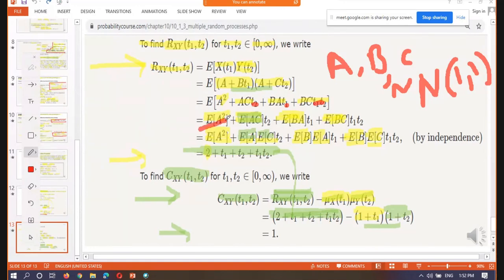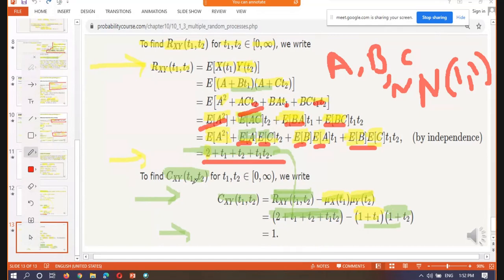So expectation of A square is 1. Now, what is expectation of AC? In the question, it is given that A and C are independent, so it is the product of their expectations. What is expectation of BA? That is the product of their expectations. What is expectation of BC? Like this. After substituting all these values, we are getting this one. So this is our cross correlation function for Xt1 and Yt2.